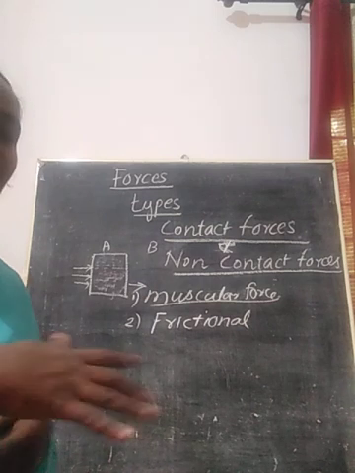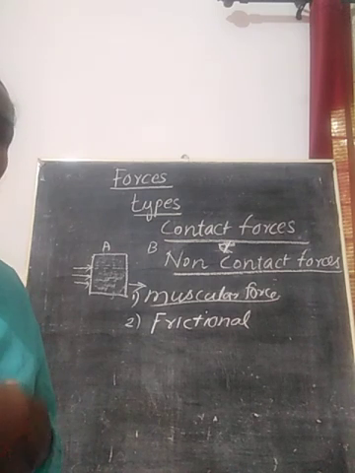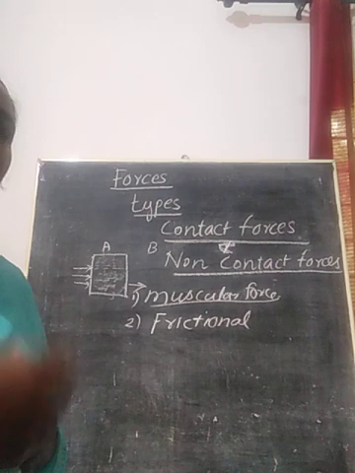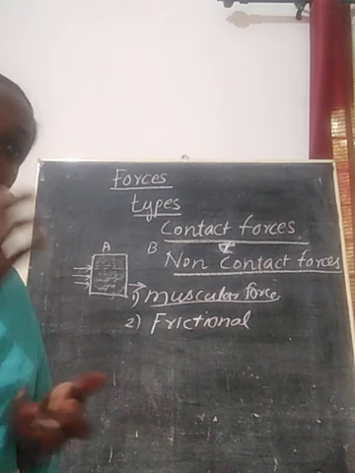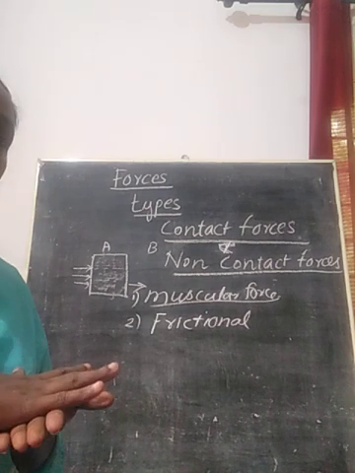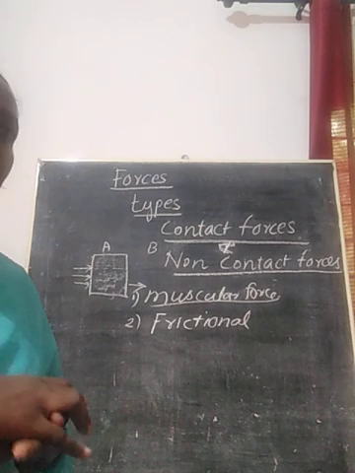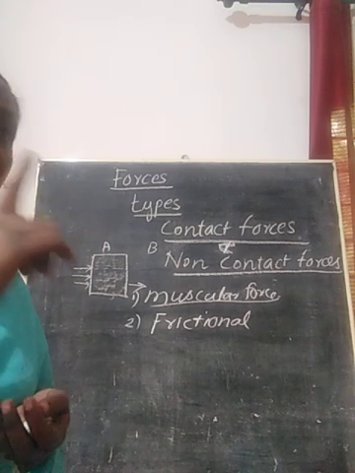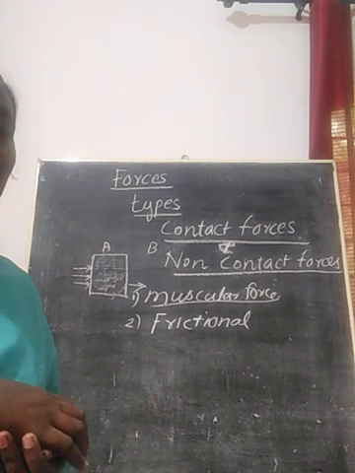When you stop pedaling the bicycle, after some time it comes to rest. So the object comes to rest automatically even when we stop applying force, but it takes some time. That force is called frictional force.